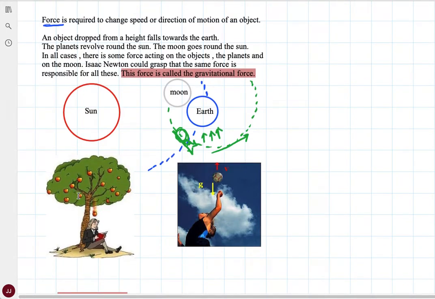We have seen an object falling down. Planetary motion and planetary attraction are caused by some similar kind of force. So Isaac Newton said everything is a very similar kind of force. The nature of the force is the same, and he called it the gravitational force.